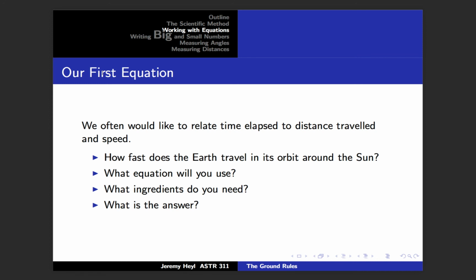So I have 1.5 times 10 to the 8 kilometers divided by 10 to the 7 seconds. And I can just go 2 times 1.5 is 3. 8 minus 7 is 1.